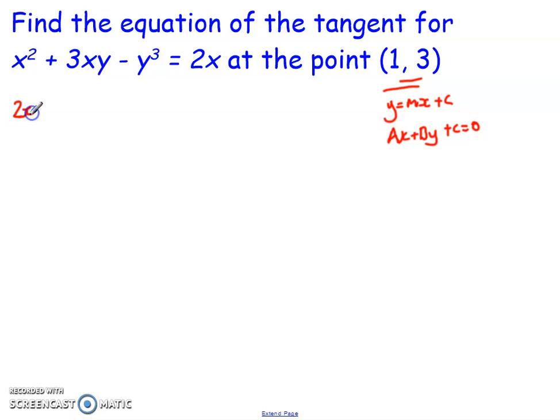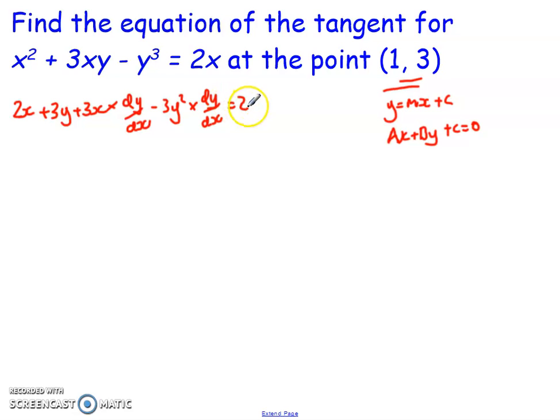So take the derivative, I get 2x plus 3 times y plus 3x times the dy by dx, take away 3y squared times dy by dx equals 2. Now, there's a couple of different ways I can approach it at this point. What I can do is rearrange it so that I get dy by dx equals, and then substitute in the point.